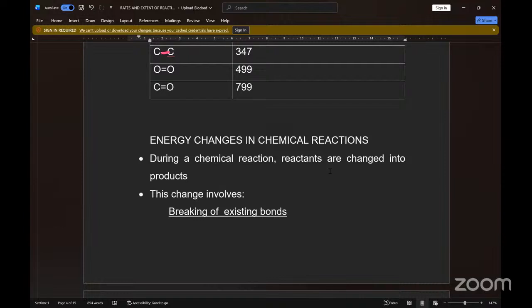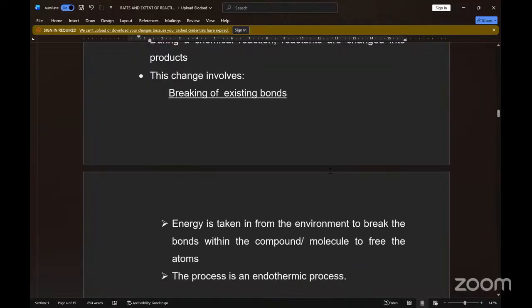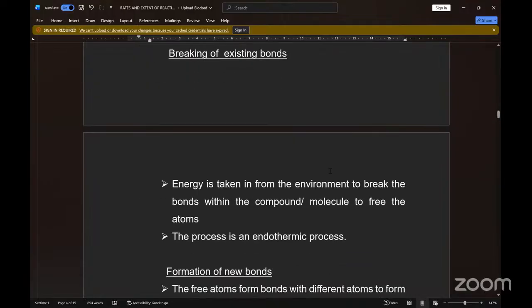To break something, even you, if I give you something and I say break it, you have to apply some energy to it. So energy is absorbed from the surrounding into the system to break bonds. So bond breaking requires energy. And therefore, we say it is an endothermic process, not reaction. There's a difference between an endothermic process and an endothermic reaction.